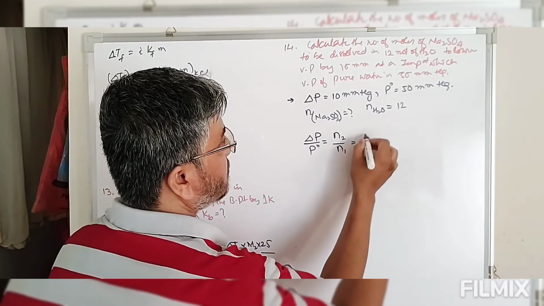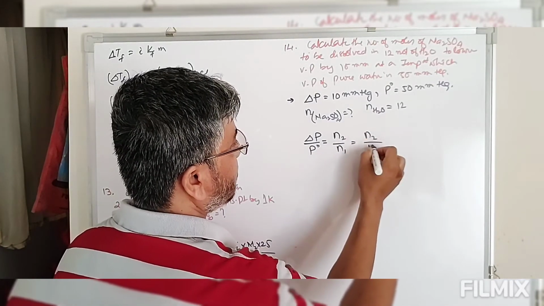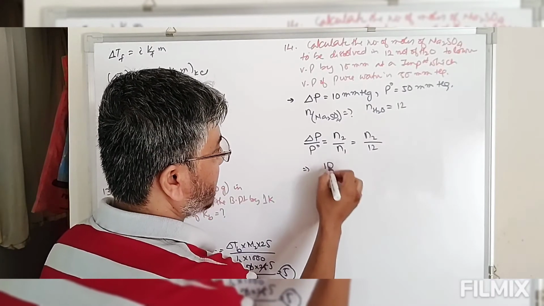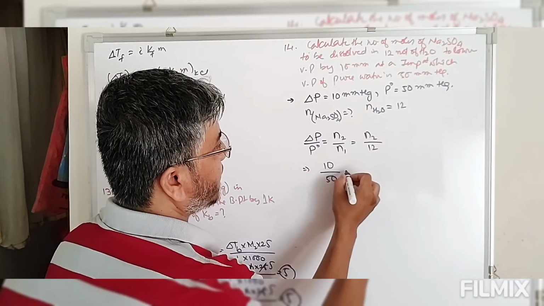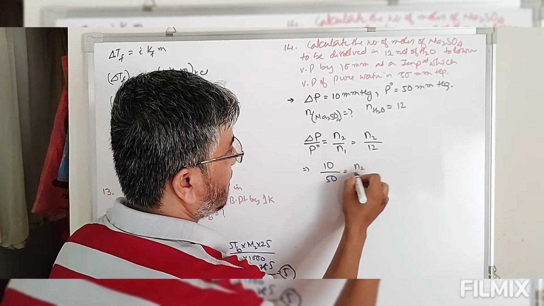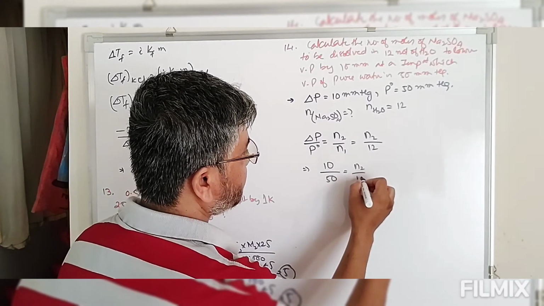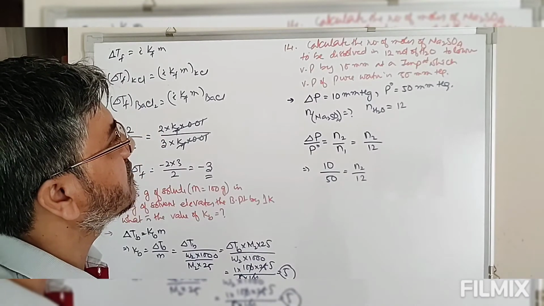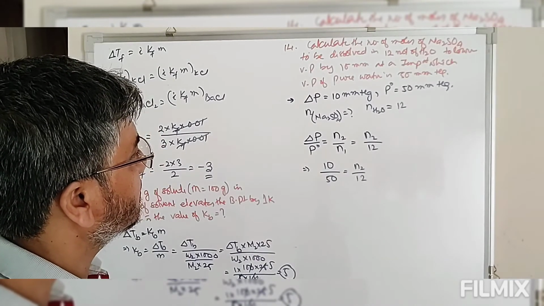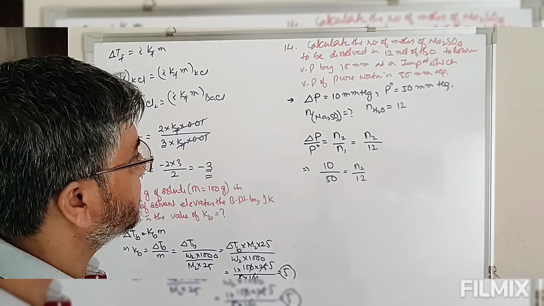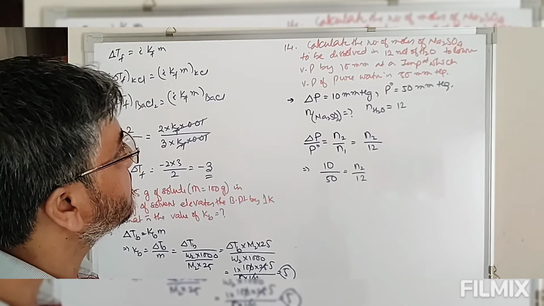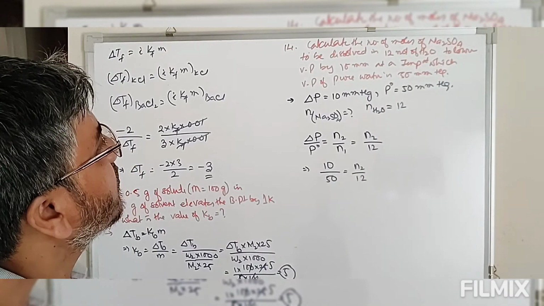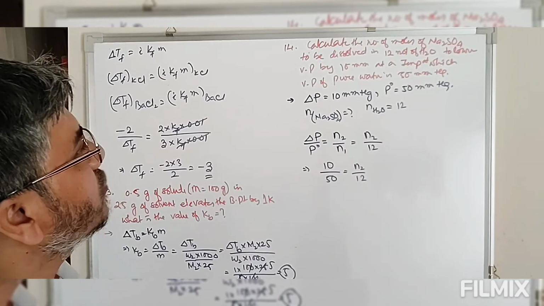So N2 is what we have to find, N1 is 12, delta P is 10, P naught is 50. So this is equal to N2 by 12. Number of moles of sodium sulfate to be dissolved in 12 mole of water.